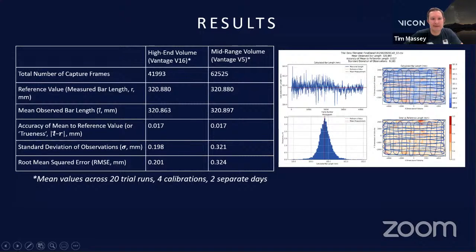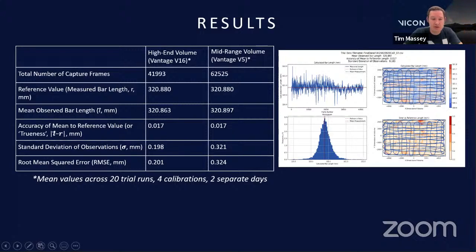We looked at how it changes as we moved around the volume, against that reference value. Both the two numbers we looked at earlier when we talked about accuracy and precision: the mean value relative to the reference, the difference is very, very small across that range of trials, 1.7 hundredths of a millimeter.